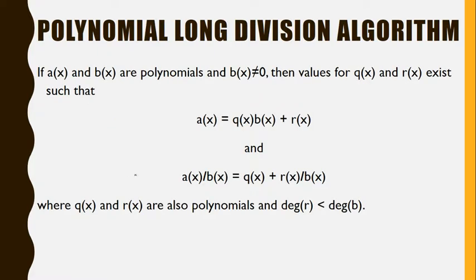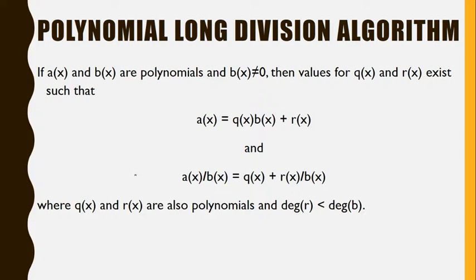The polynomial long division algorithm is the algorithm that you use when you divide polynomials. It states that if a of x and b of x are polynomials, meaning they're both polynomial functions, and b of x is not equal to 0, then values for q of x and r of x exist such that a of x equals q of x, known as the quotient, times b of x plus r of x, where r of x is known as your remainder.